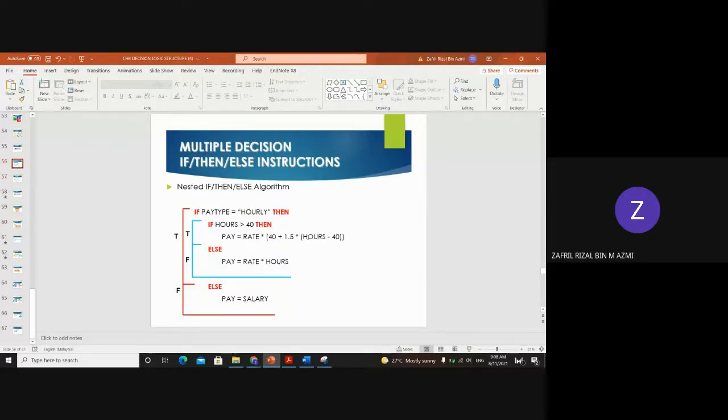Okay, this one is multiple decision. If the question mentions it like this, in each of the main decisions you need to include another set of decisions. If you see the indent, this one belongs to this.